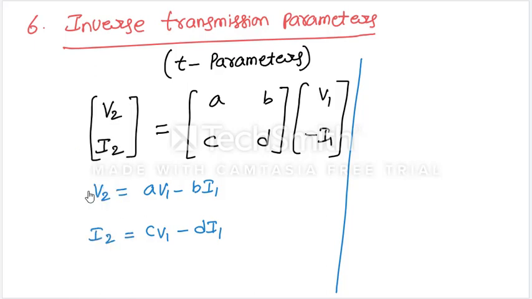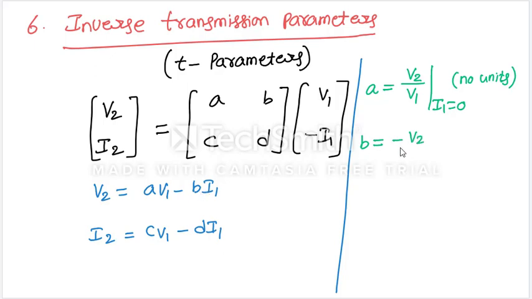Now we will see how we get these parameters. Small a is equal to V2 by V1 when I1 is equal to 0, and there are no units. B is equal to minus V2 by I1 when V1 is equal to 0, and the units are ohms.